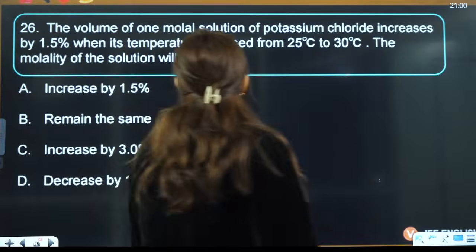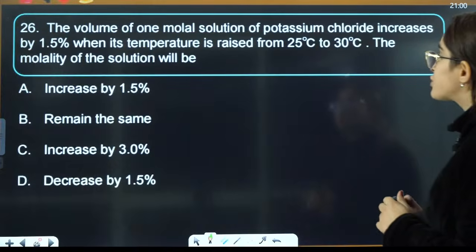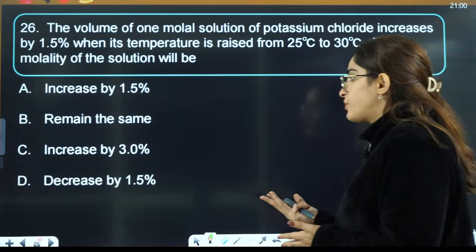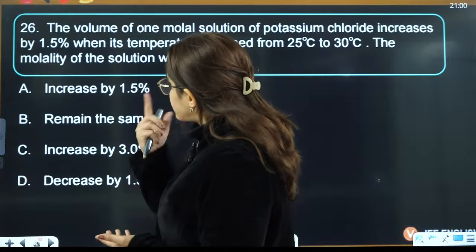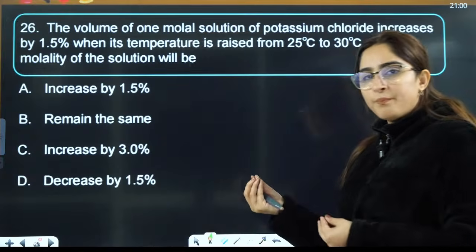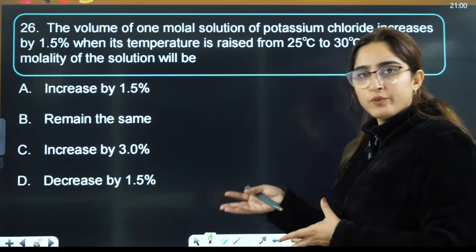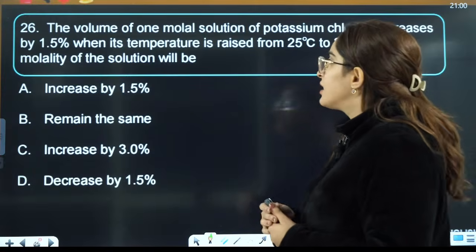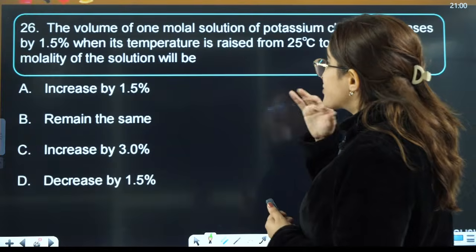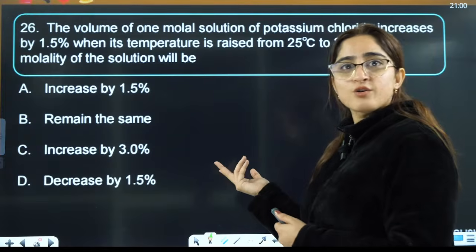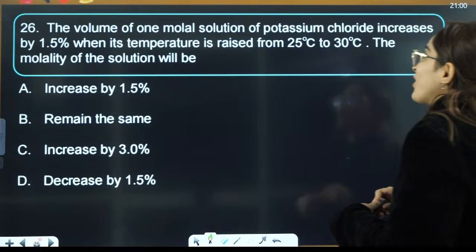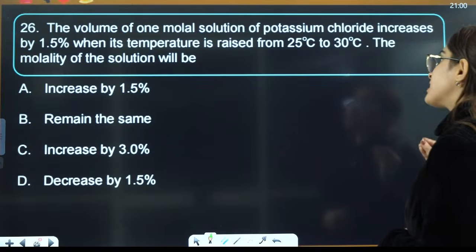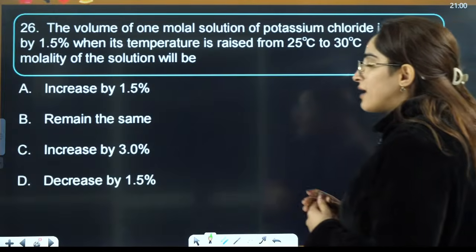Next is the volume of a 1 molal solution. This is a very interesting question. It is such a simple, non-calculative question, right? This is an AEEE kind of question. It may look tough, but actually it's not tough. The volume of a 1 molar solution of potassium chloride increases by this much when its temperature is raised from this to this. What happens to the molality of the solution?